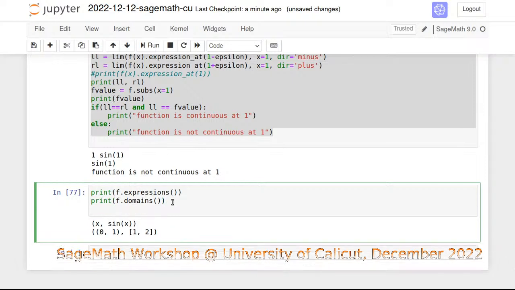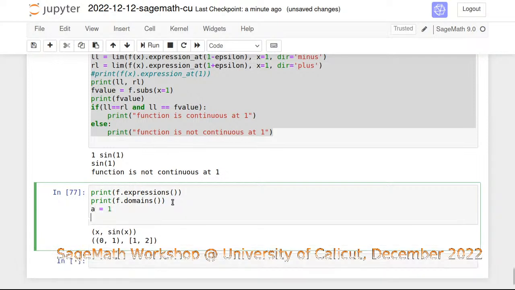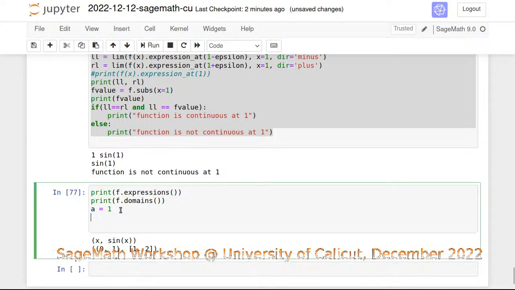So something like this. Suppose that we are given a value a equal to 1. We want to see to which part, which number, this actually belongs. See, here we can see that this is the 0th piece, this is the 1th piece, because counting starts at 0. So suppose we ask in which piece this 1 belongs.